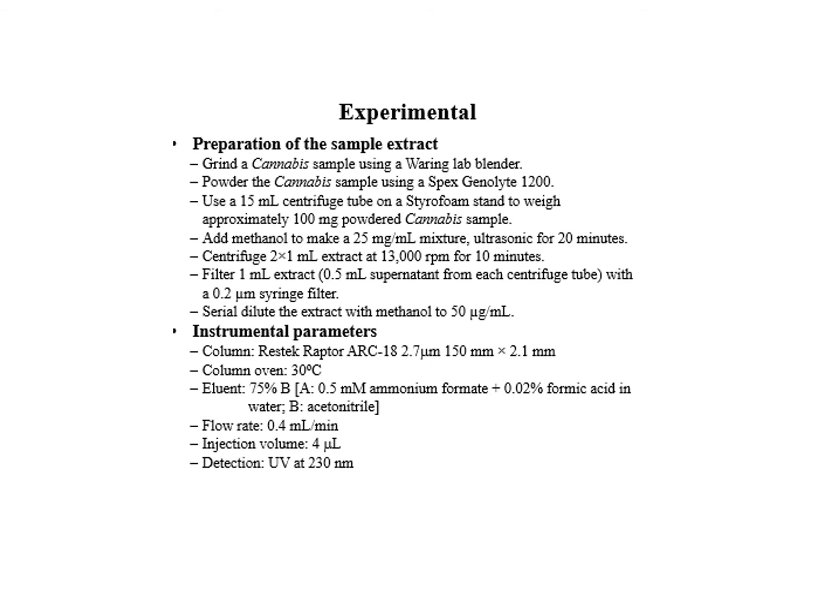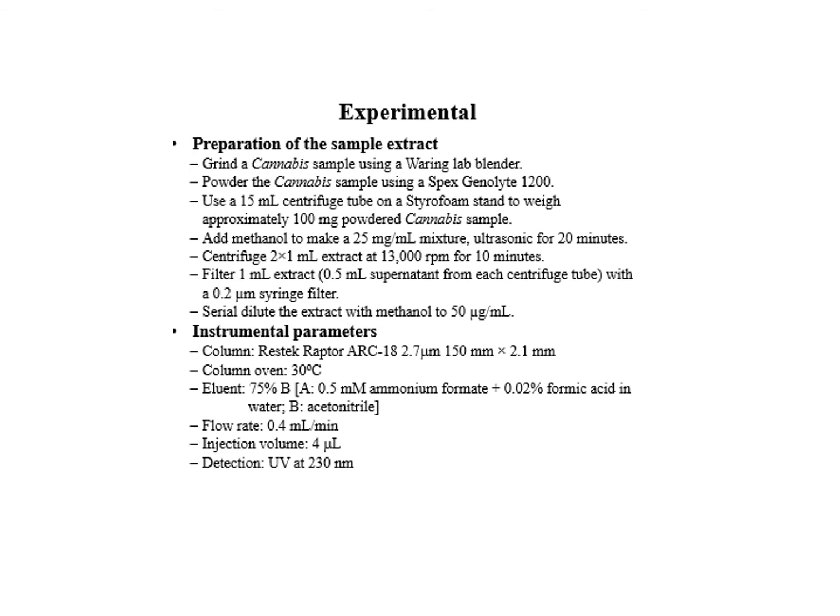Then we add methanol to make a 25 milligram per milliliter mixture. We ultrasonicate it for 20 minutes. After that, we centrifuge for 10 minutes, and then we filter with a 0.2 micrometer syringe filter, and then we do a serial dilution with methanol.